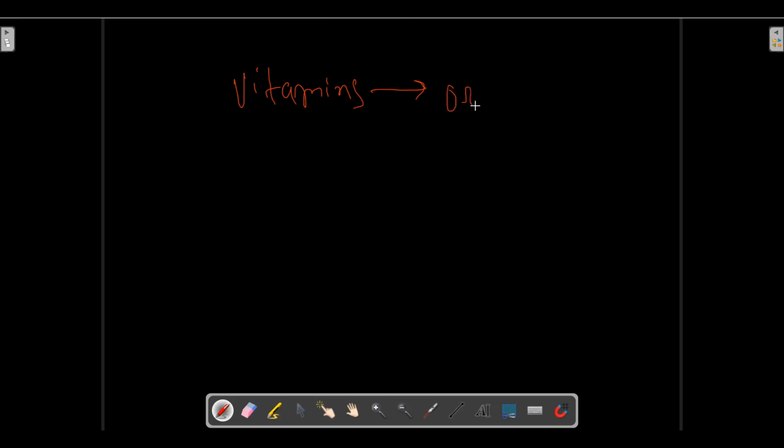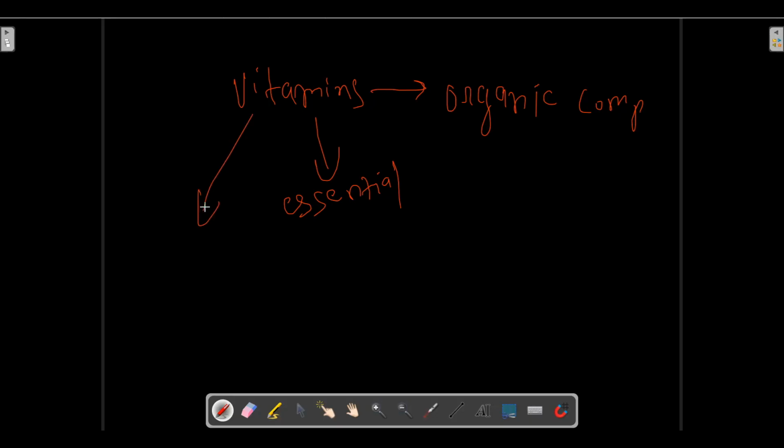What is the difference between carbohydrates, fats, vitamins and minerals? Vitamins are organic compounds. This is the first condition. The second condition is that they are essential for the proper functioning of the body.